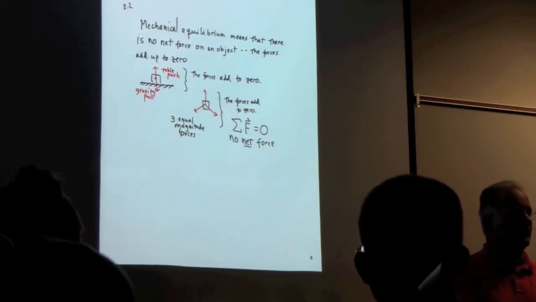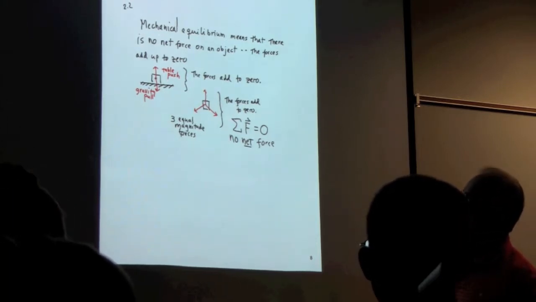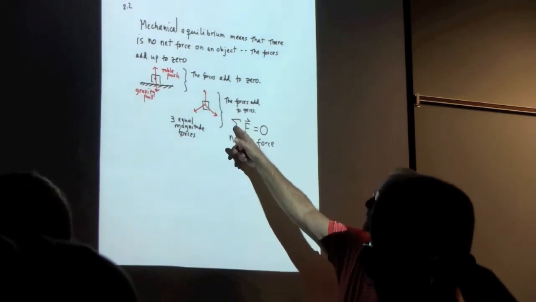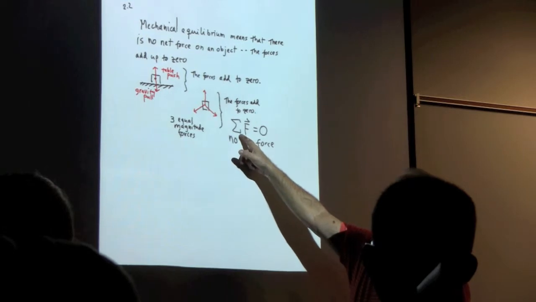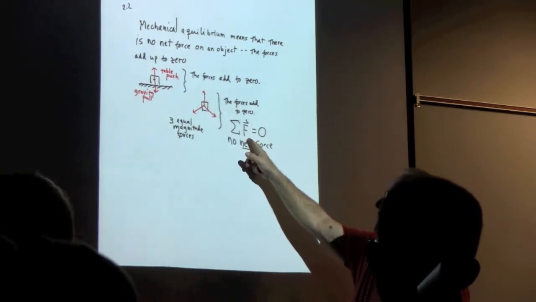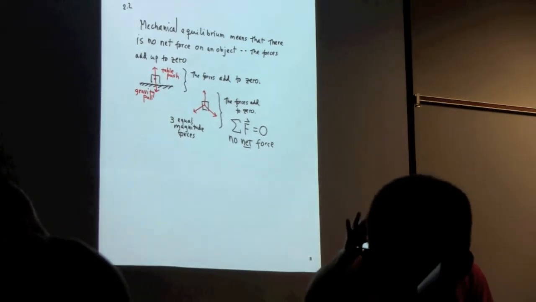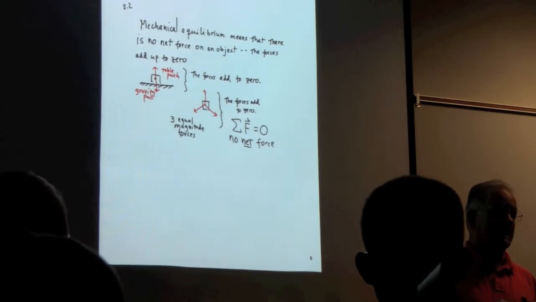And that is also in mechanical equilibrium. It's called dynamic equilibrium. But the point is that when you add up the forces, this is just a capital sigma in Greek standing for summation, when you sum up all the forces acting on it, if they equal zero, there's no net force on the object. Okay, no net force in that case.